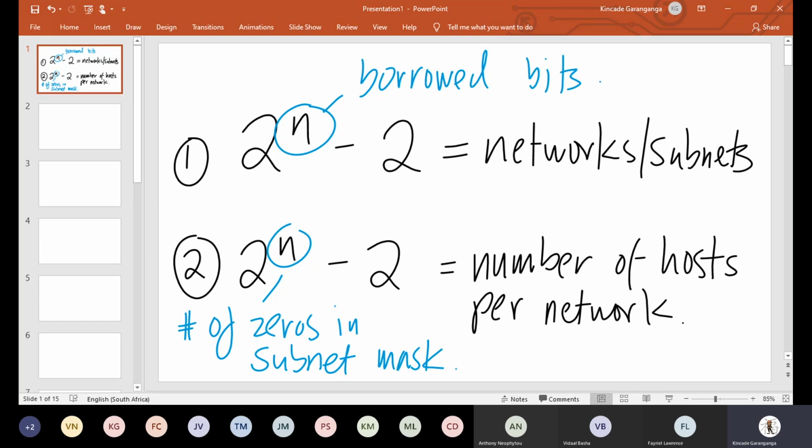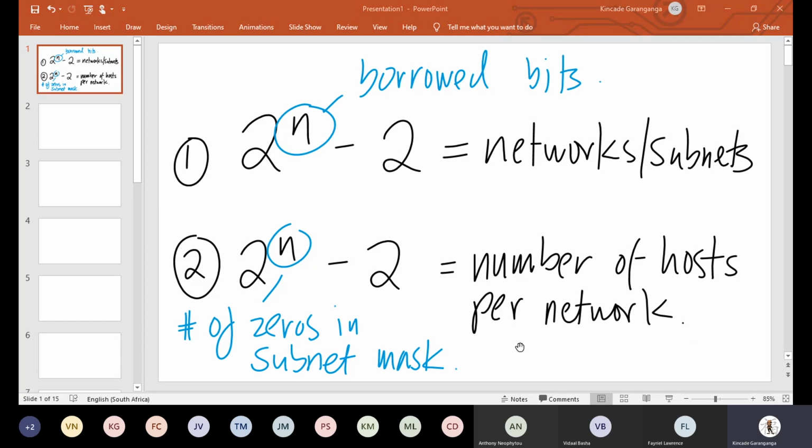So if you look at the first task of the exercise, it asks us to calculate the subnet mask that will split the IP address into the right number of subnets.